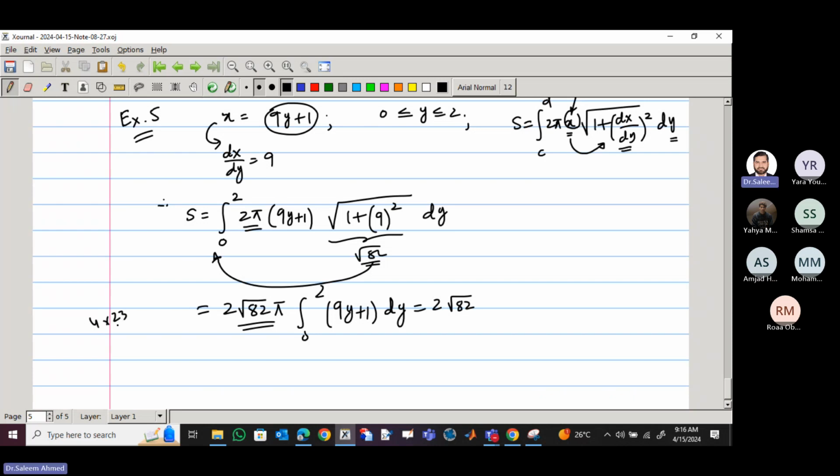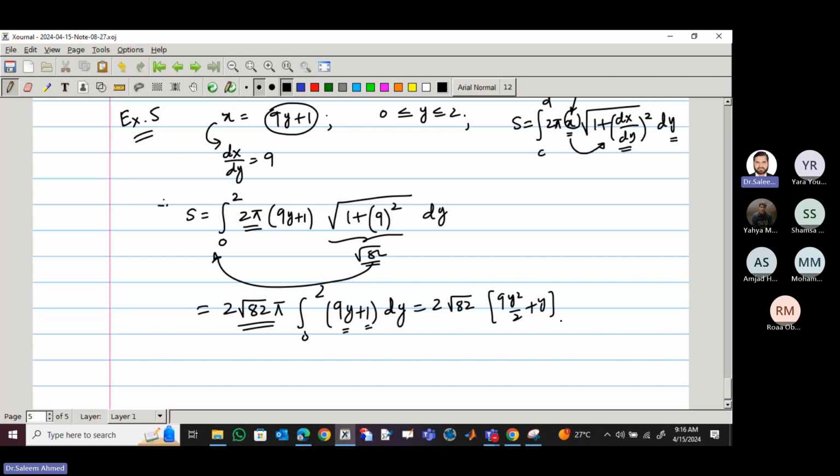So we leave it. So now the integral is 9y squared by 2 plus y. 9y becomes 9y squared by 2 and 1 becomes y, right?